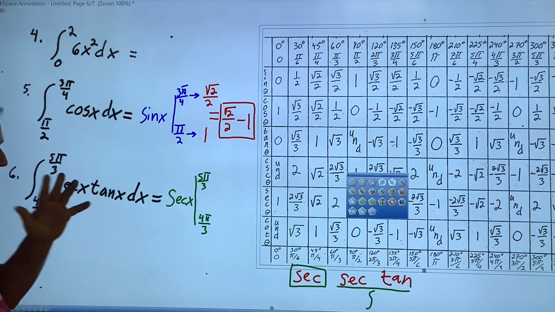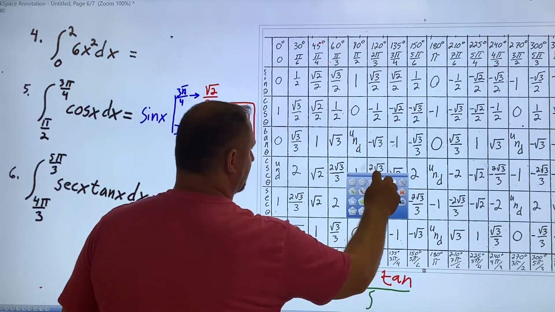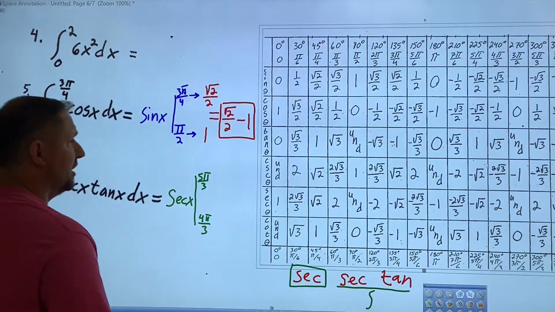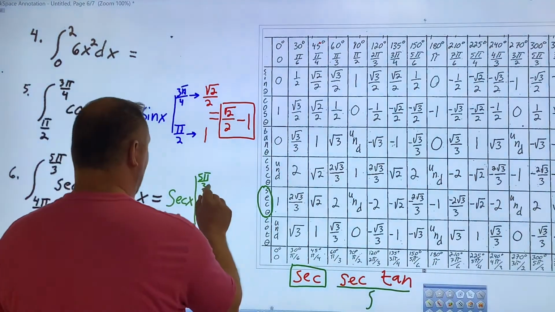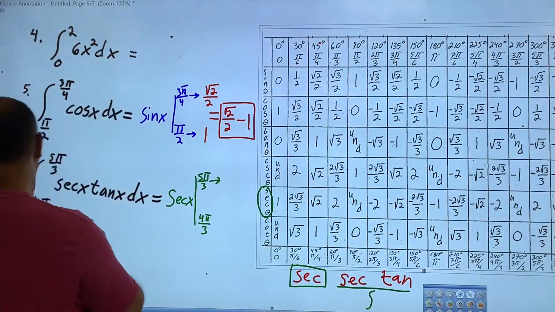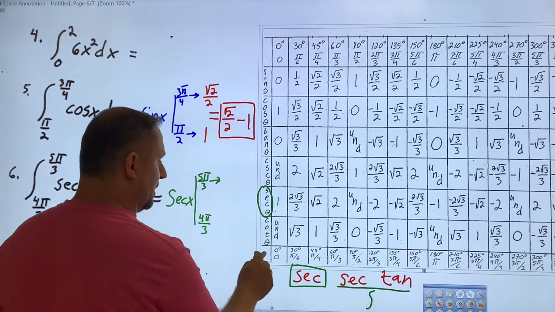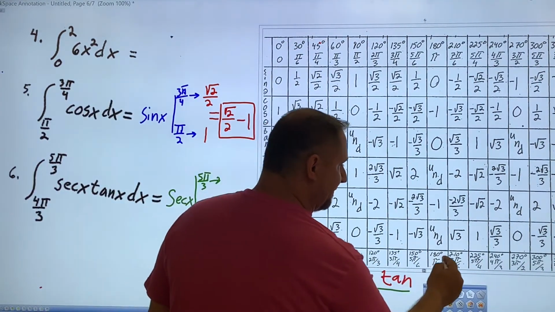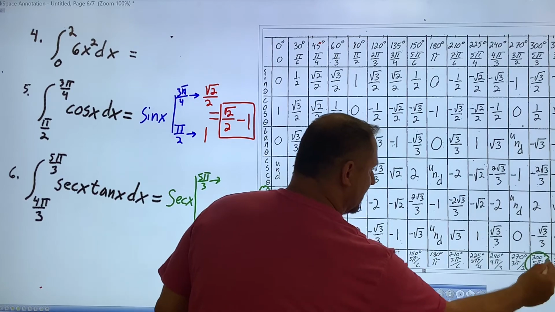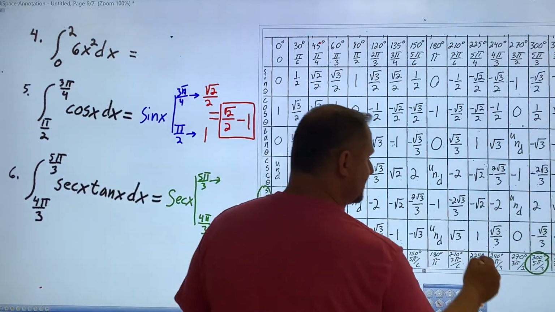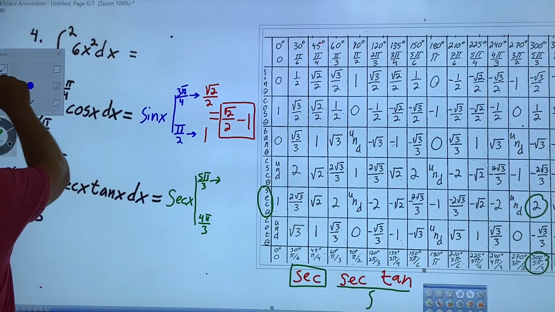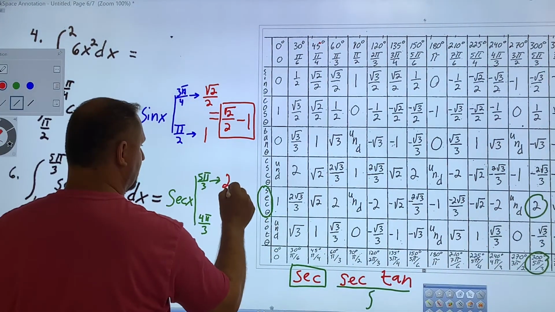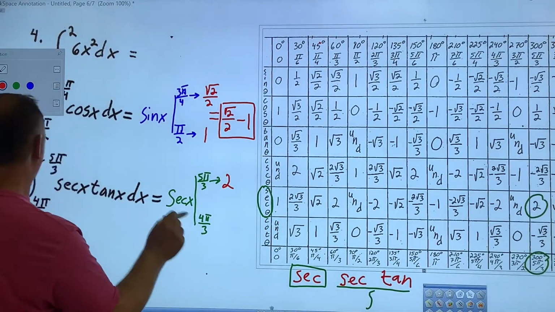Now, I still need the unit circle table. So I have to look at the secant row, and secant of 5 pi over 3. I'm going to scroll over. I like how I have it down here also. Secant of 5 pi over 3 is way over here. Secant of 5 pi over 3 just so happens to be the nice number of 2. Now I need to find secant of 4 pi over 3.